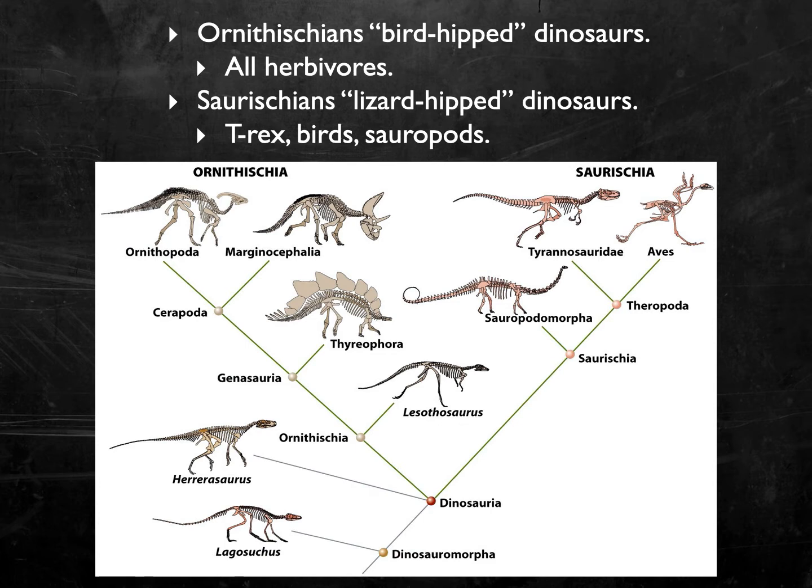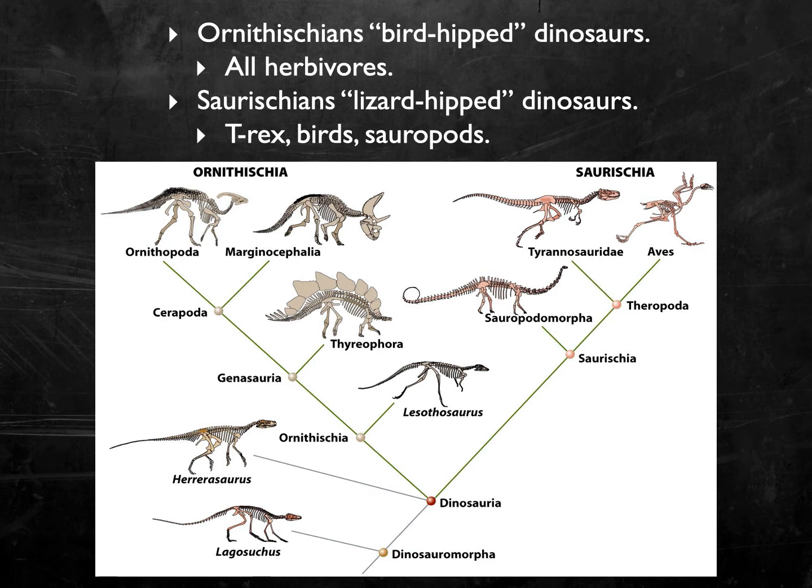So let's take a look at some of these groups. You'll notice that at the very base of the tree there is the Dinosauromorpha, those early dinosaurish-like reptiles. And then we finally hit actual Dinosauria, which was the picture I showed you of that first dinosaur. It obviously looks a lot more like the saurischians, and it goes off in that direction.